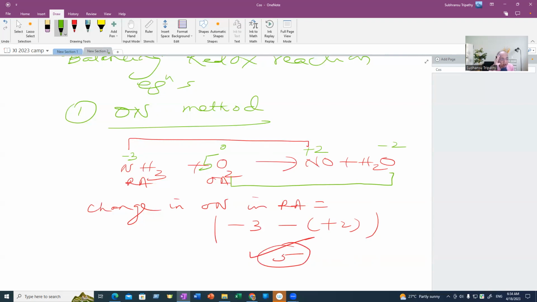So tell me, what is the change for one oxygen atom, but in the agent there are 2 oxygen atoms. So you have to take the total change. Here there was only 1 nitrogen atom, so the change is 5. But here there are 2 oxygen atoms. So you have to find out the total number of electrons that have to be received, gained.